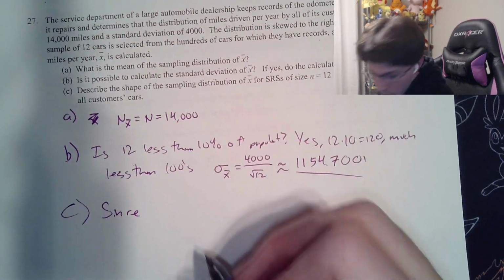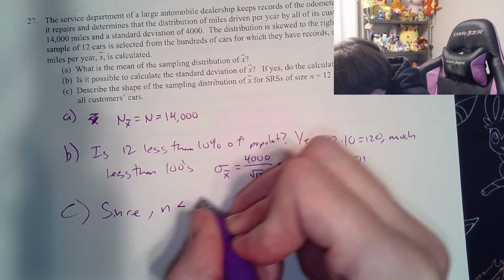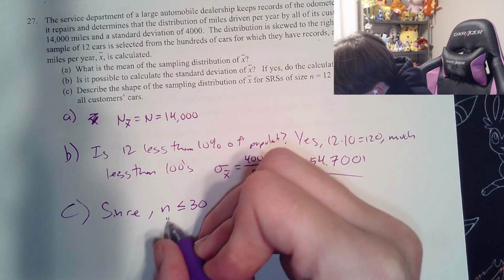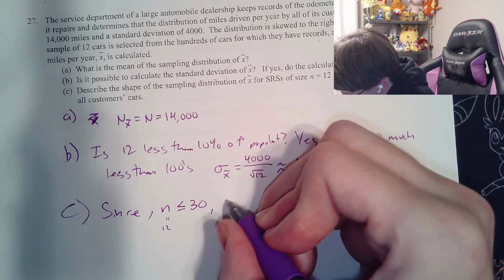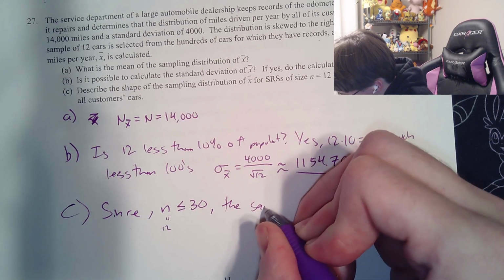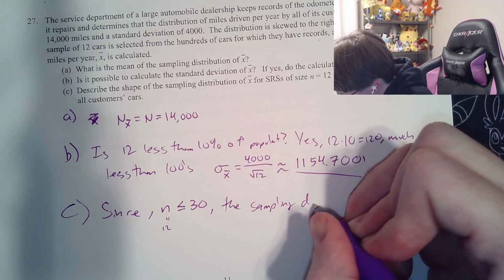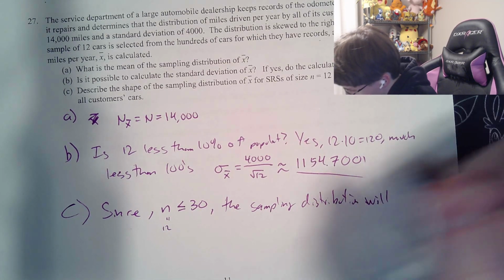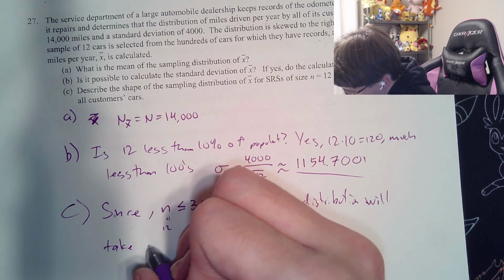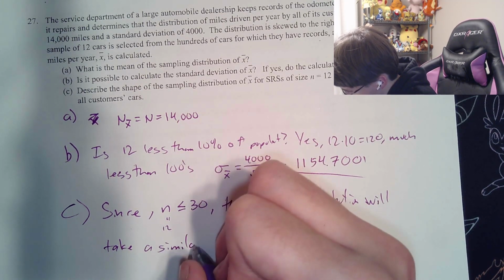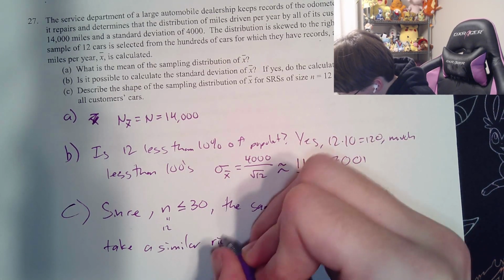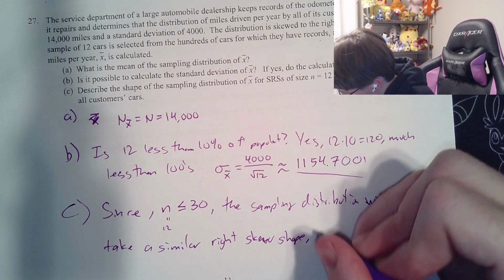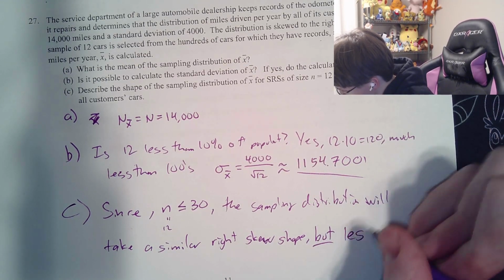Since n is less than 30, because n is actually 12, the sampling distribution will take a similar right skew shape, but less skewed.